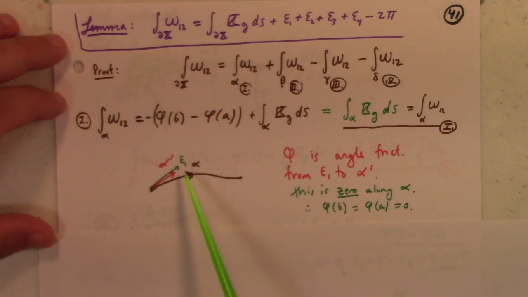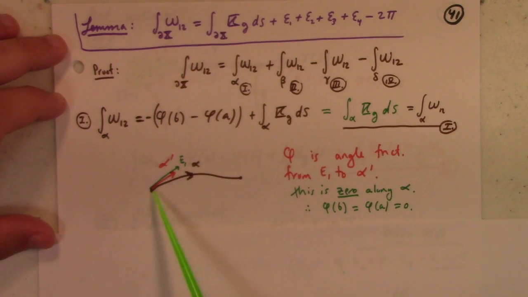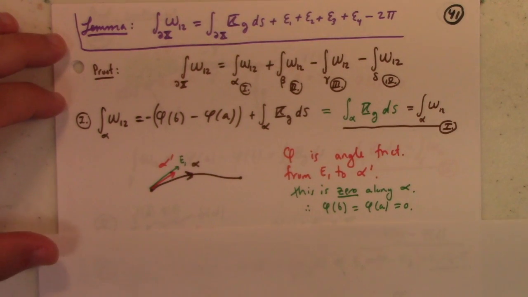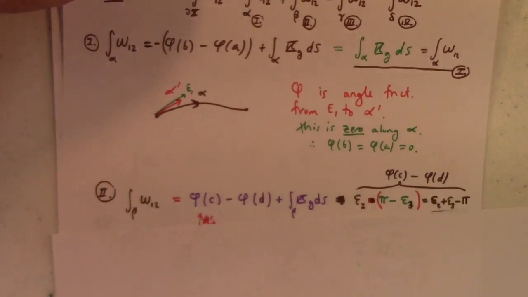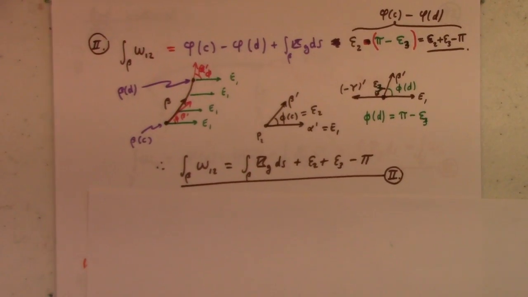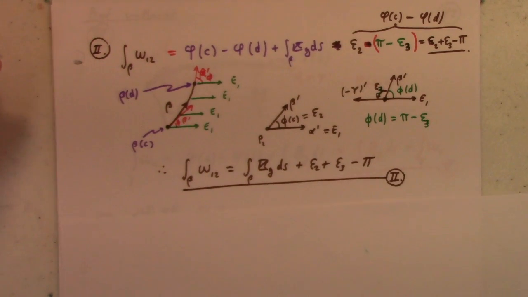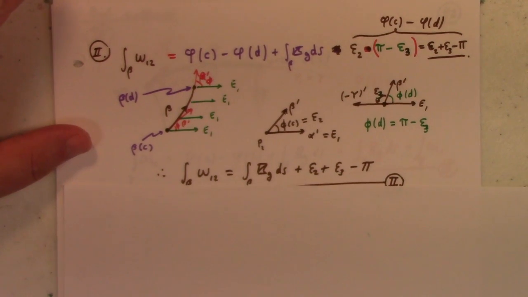Phi is the angle between E1 and alpha, but when E1 is just alpha prime normalized, of course, the angle is the same because the angle is 0 essentially by definition of phi and E1. All right. Okay, duh. Sorry. I get so much notation floating around I forget what's what. And then I talk myself into using theorems I don't need to use. Well, I hope you can sort through my comments here to make sense of it.